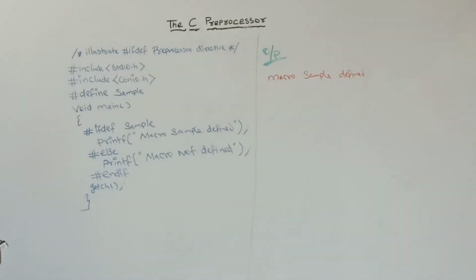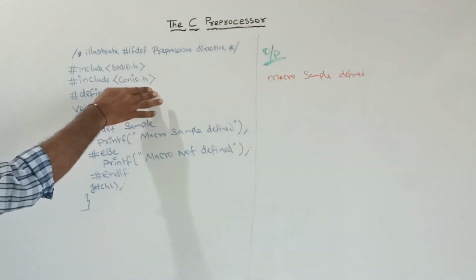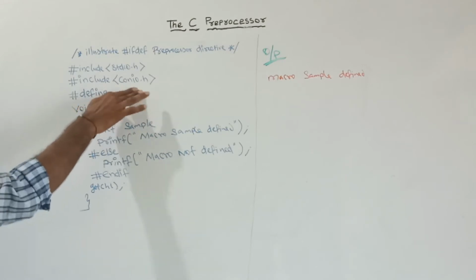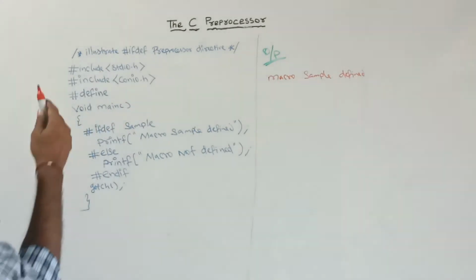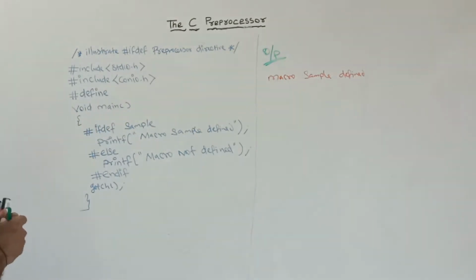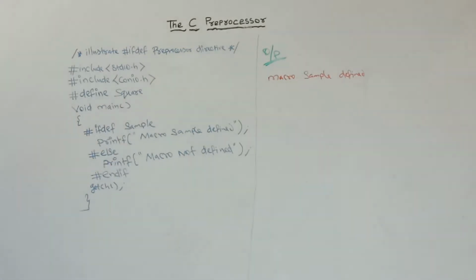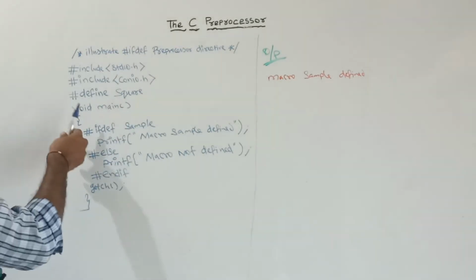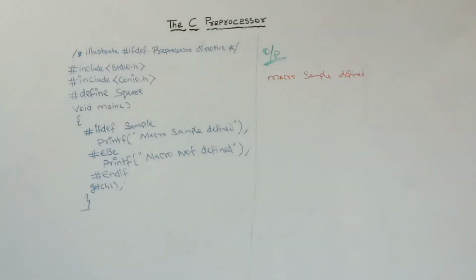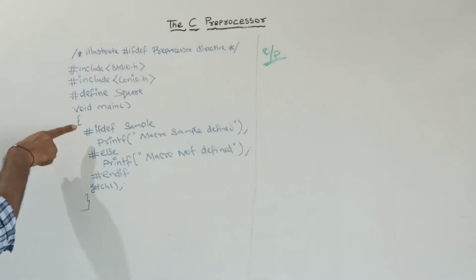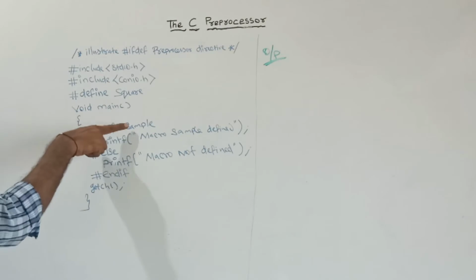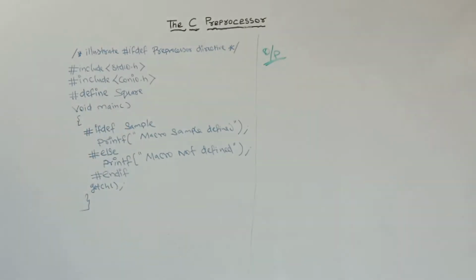Suppose you are not including this sample, and you give some other name here. I am giving square. So when we execute this time, using ifdef I am checking whether sample was defined or not.